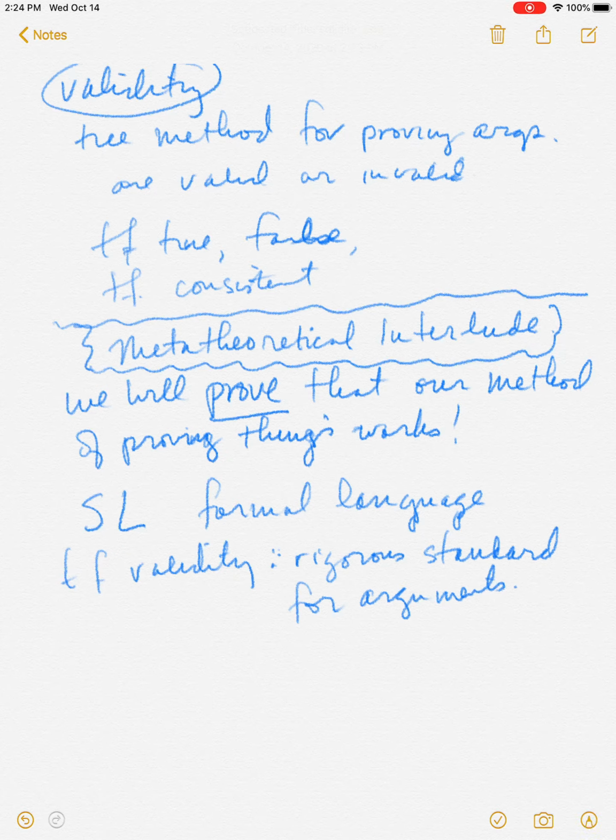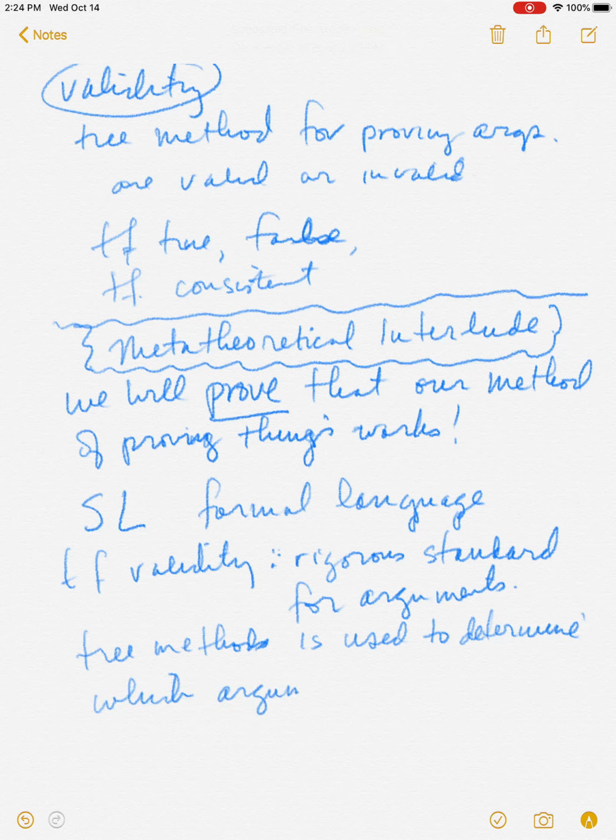And the tree method is the method that we've developed to determine which arguments meet that standard.